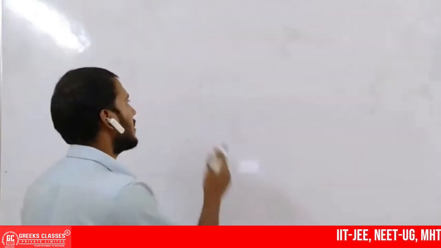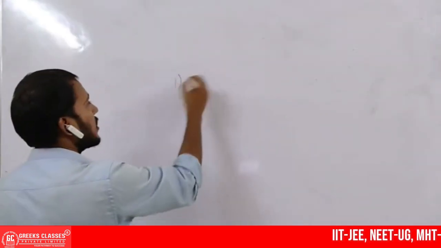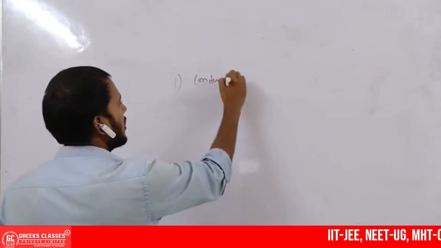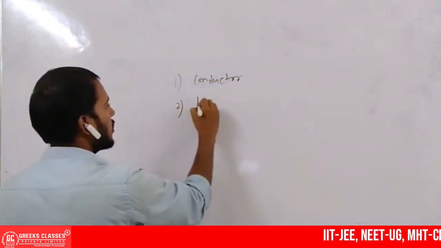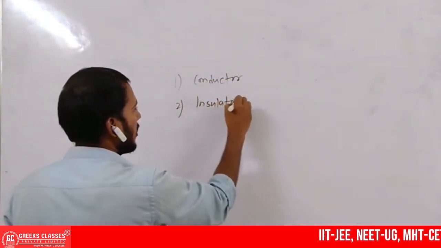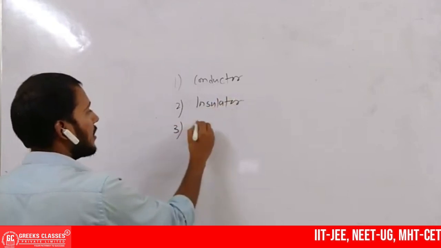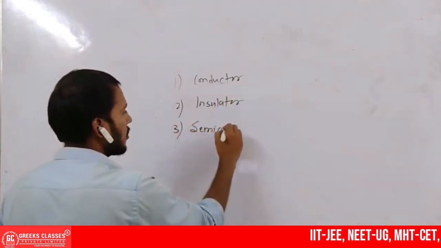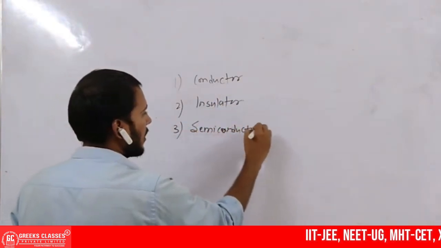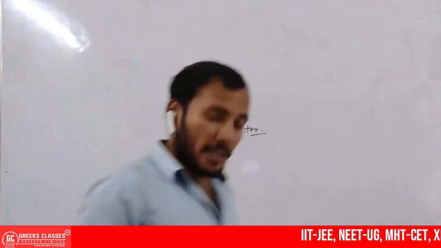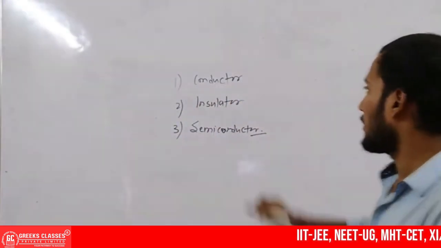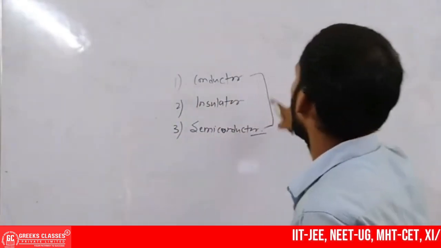So there are three kinds of body in this aspect. First is your conductor. Second one is your insulator. And third one is your semiconductor. Now let us understand what exactly all three lead to.